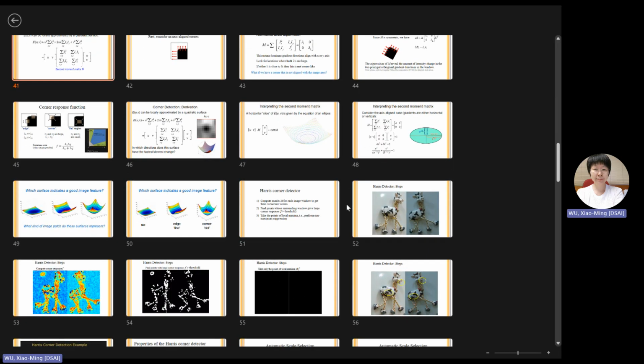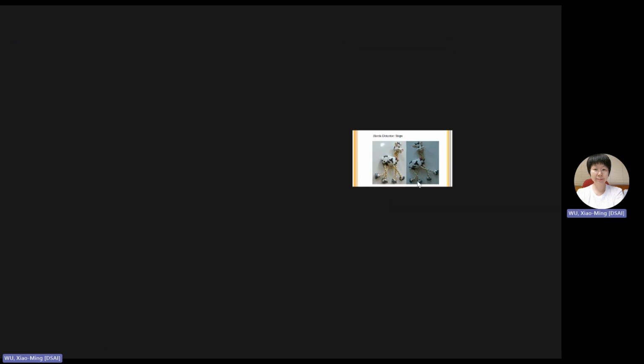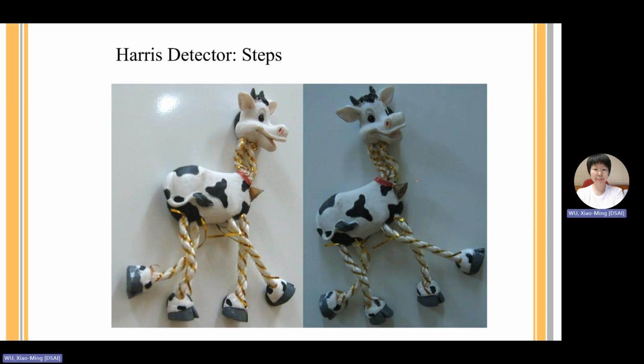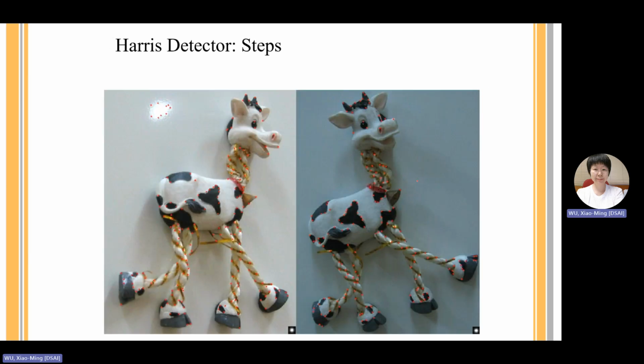Okay, and we have summarized the property. We have identified some interesting properties of Harris corner detection, as reflected in the results. So what can you observe in the results?